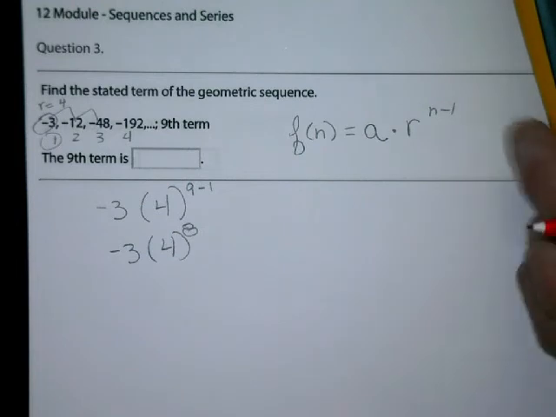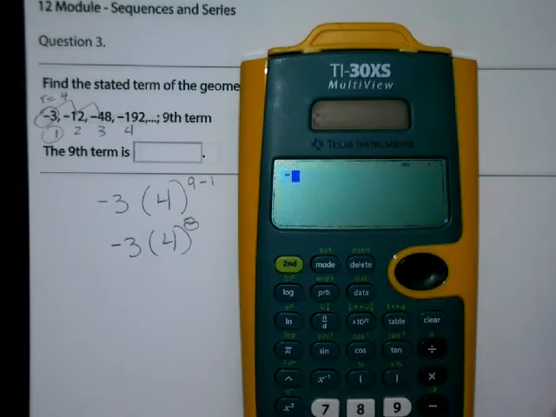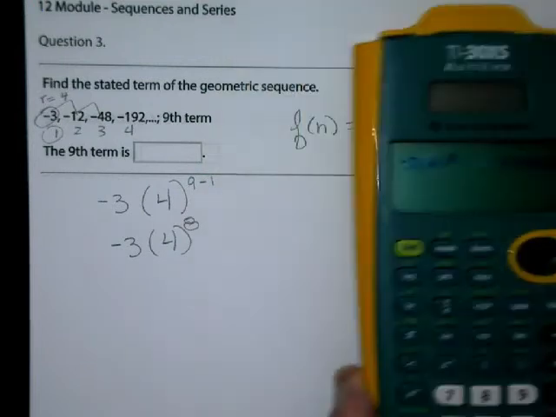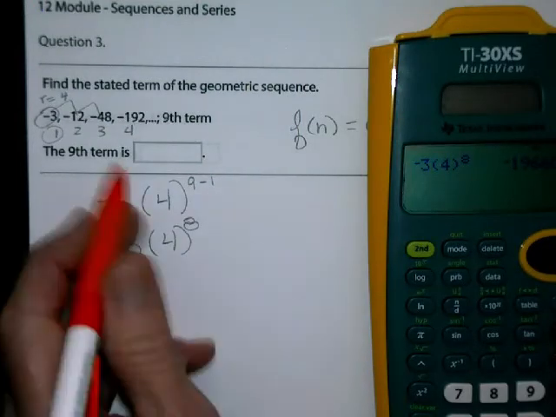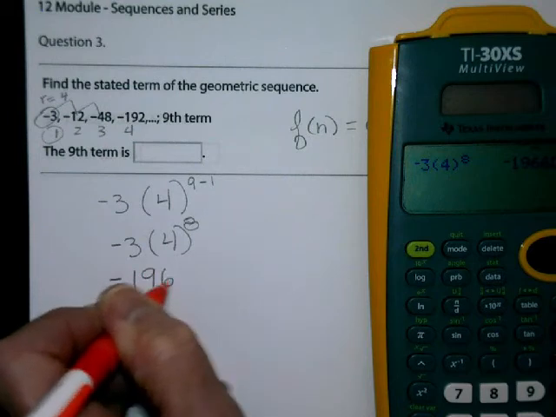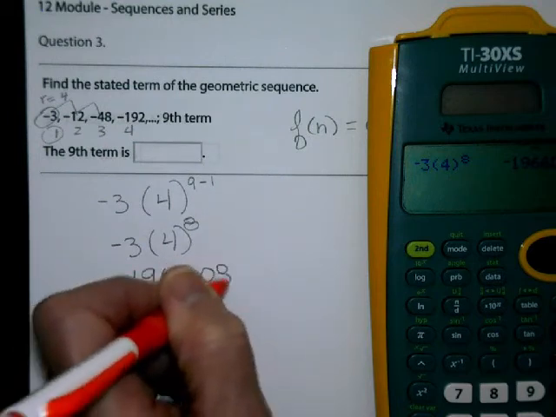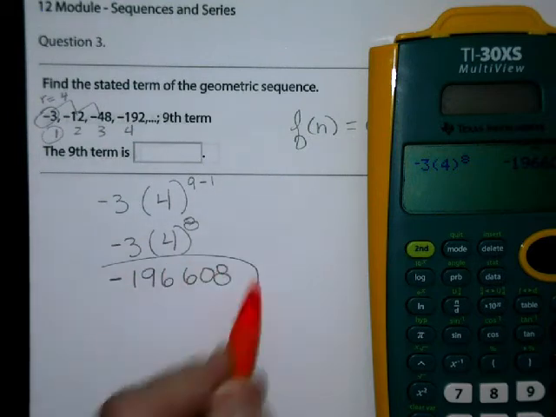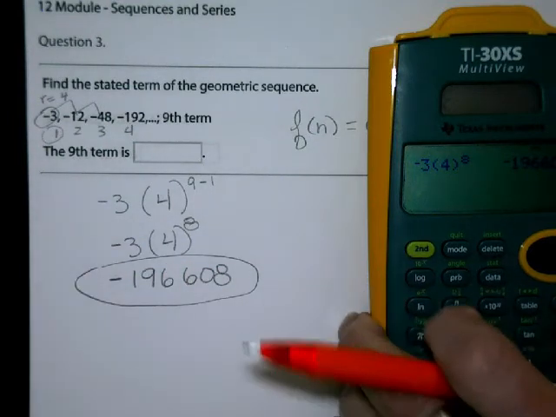This is where, yay, calculator. Okay, so I just put in negative 3 times 4 to the 8th power. Write my big bad number. Okay, so I'd enter negative 196,608. Don't have to put in commas, okay?